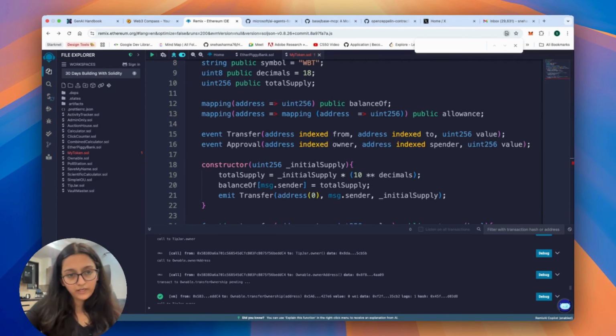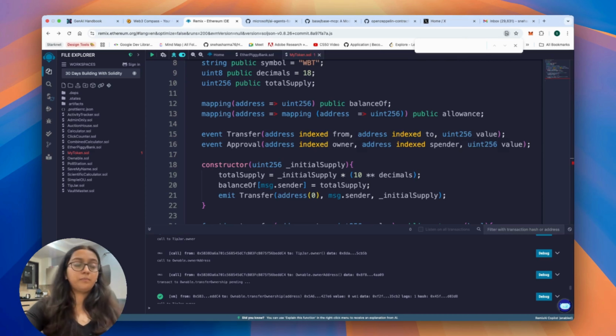So if your token uses 18 decimals, which is a standard, and you want to create 100 tokens, you actually need to represent it as 100 into 10 to the power 18. That is why we multiply the initial supply by 10 to the power decimals. And that scaled number is stored in the total supply.